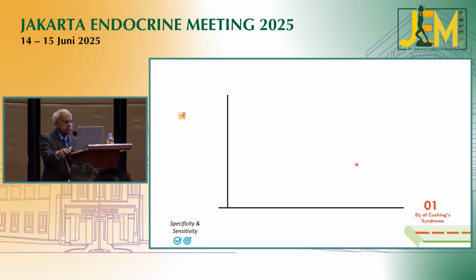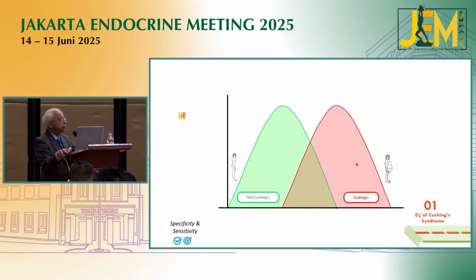I'll move a little bit into statistics so that we understand. If that's a group of patients with Cushing's, and that's a group of normal patients, normal versus Cushing's, there is an overlap. This is, for example, early Cushing's. This could be simple obesity. If we had somebody with borderline symptoms, it becomes difficult.